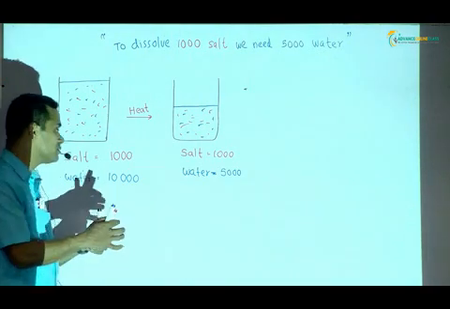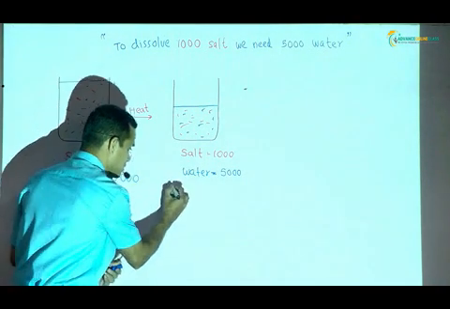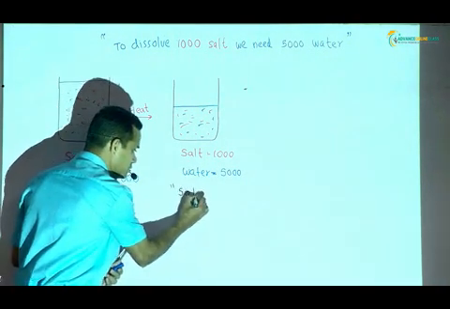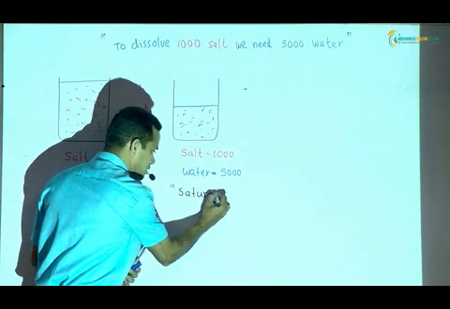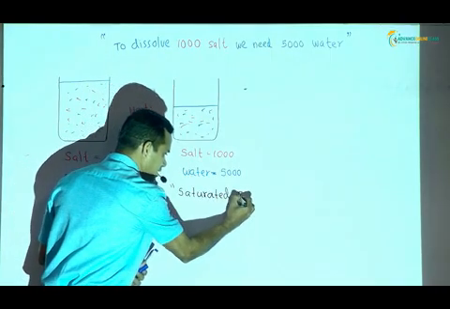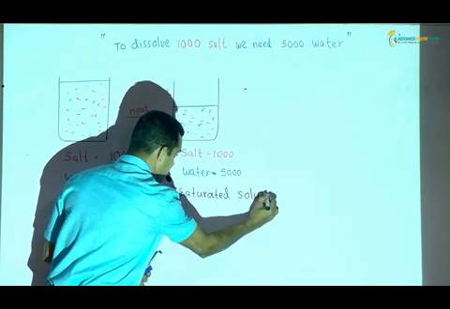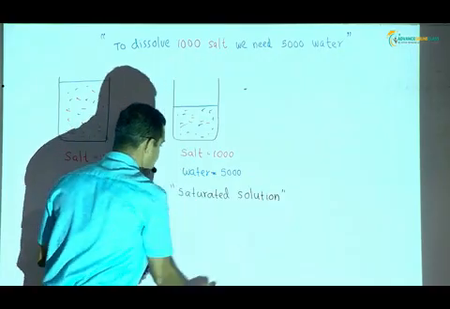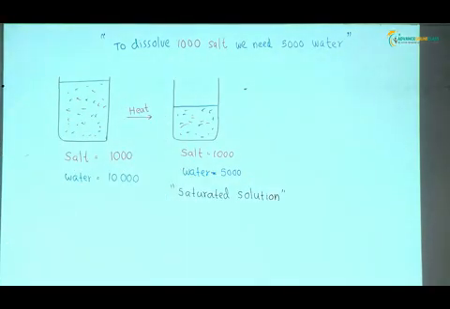This situation is called saturation. It has the maximum concentration by dissolving the maximum amount of solute. Can't dissolve any more, not even 1 milligram. If you can dissolve more, it is still not saturated. Right, now this is a saturated solution.